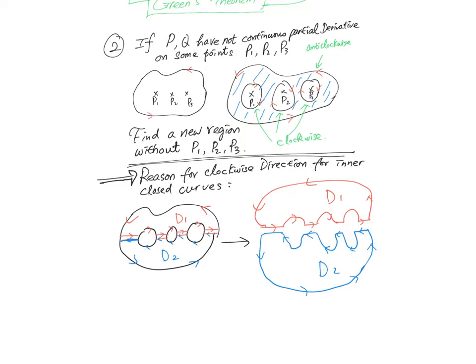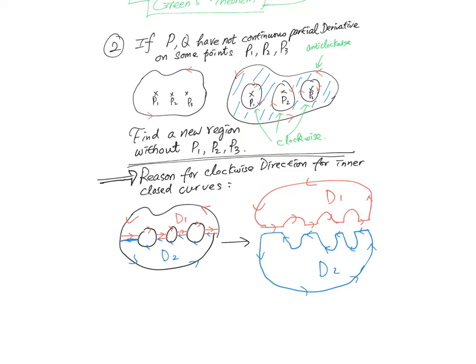Okay, for example, for simplicity, take P1, P2, P3. Then we can draw a curve around each of them, and through the new path, this region D1 and this region D2, P and Q are continuous. Then you can apply Green's theorem.